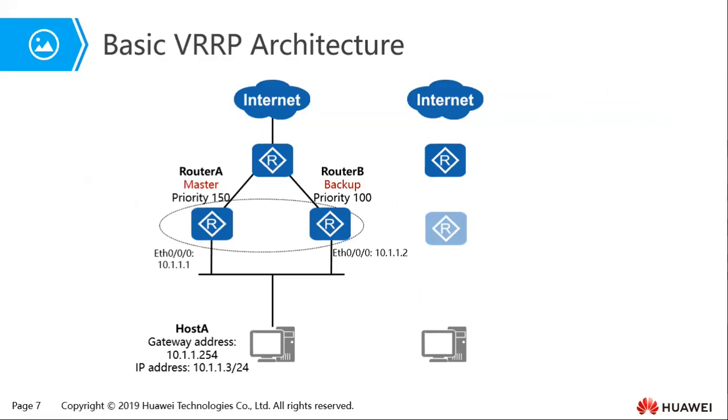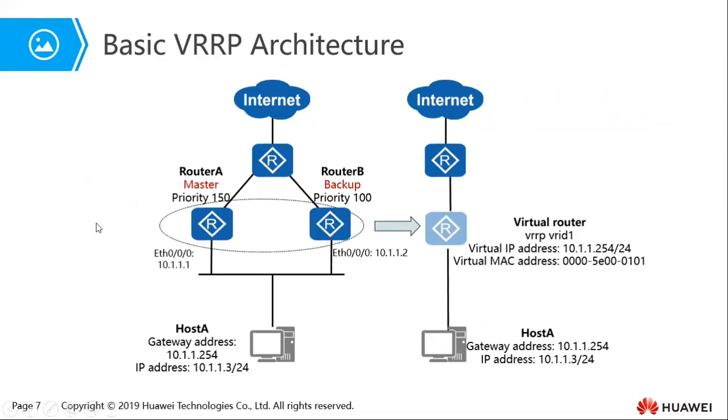Now let's look at the architecture of VRRP. There are several things that we are supposed to understand here in order to know how this works. So let me just press next so that we can have everything here. Okay. Now, the first thing we strive to understand here.